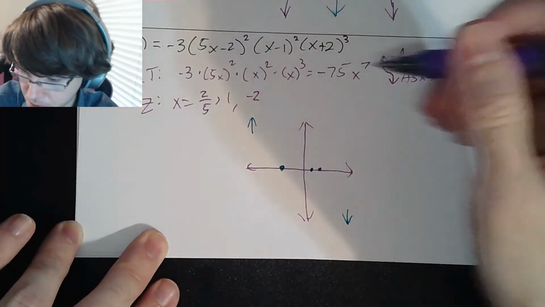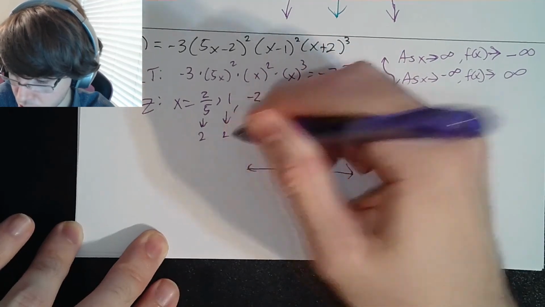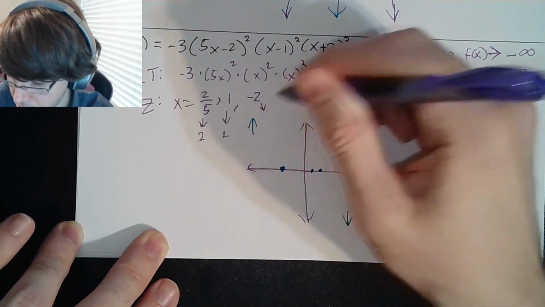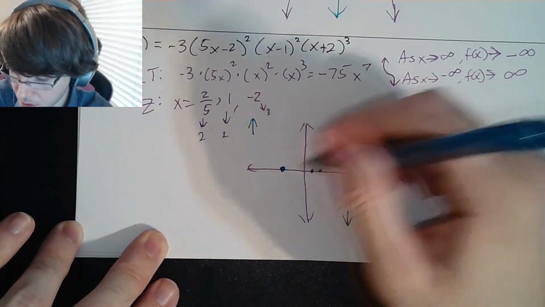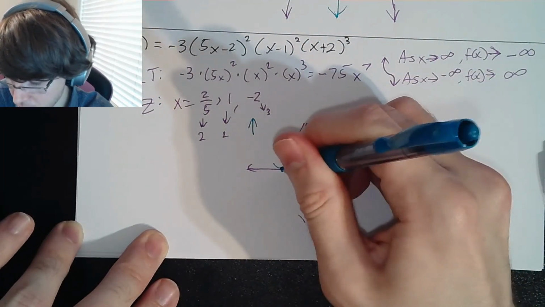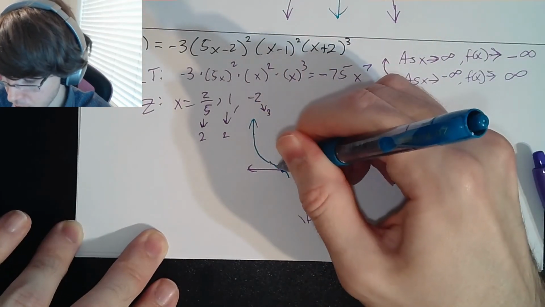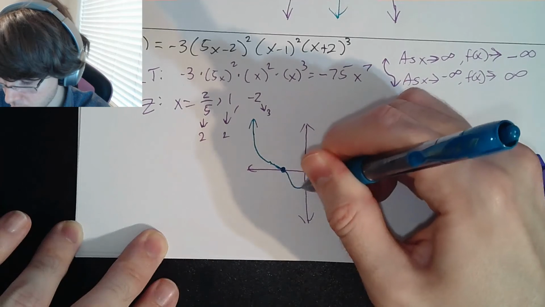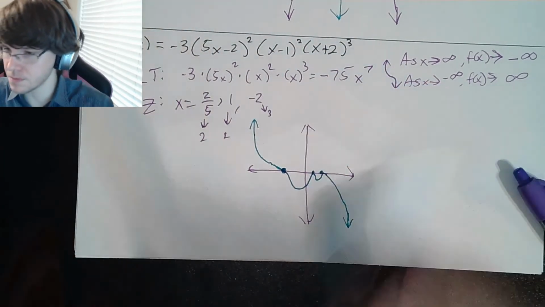Let's go back and write the multiplicities in. This one has a multiplicity of 2. This one's got a multiplicity of 2. And this one has a multiplicity of 3. So at -2 here, that's going to be making that S again, and the other two bounce. So we got the S, got to go bounce, bounce, and down.